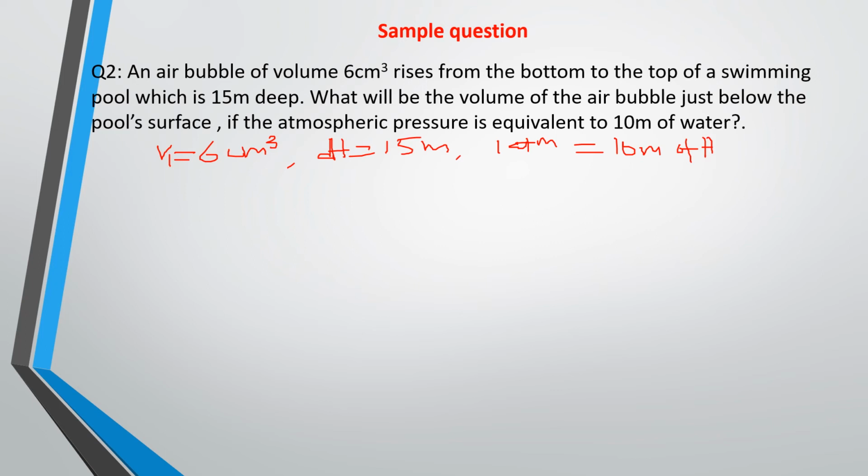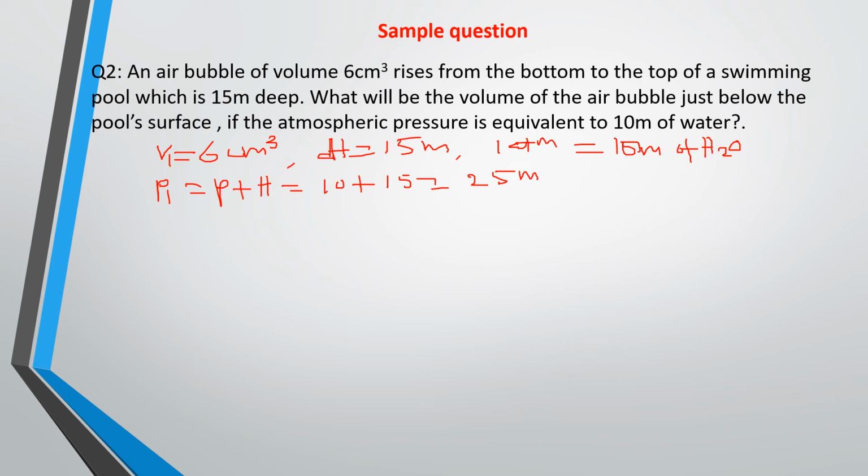That is 10 meters of water, right? Then from this, this is your V1, and your P1 at the bottom is equal to atmospheric pressure plus the height of the water, which is 10 plus 15, and that gives us 25 meters.